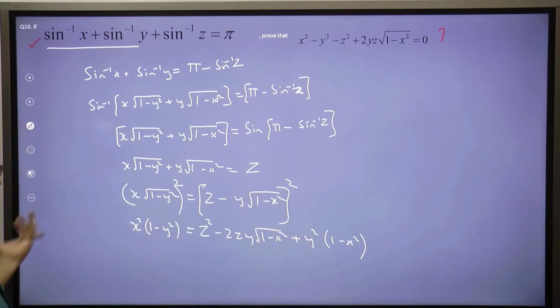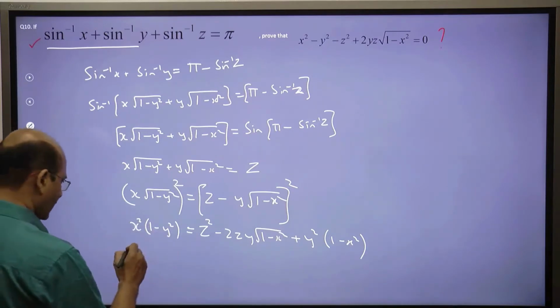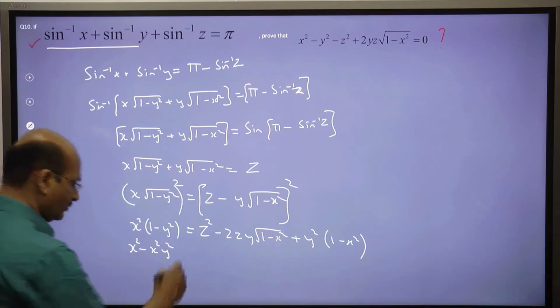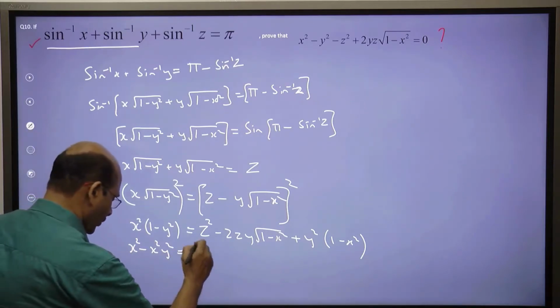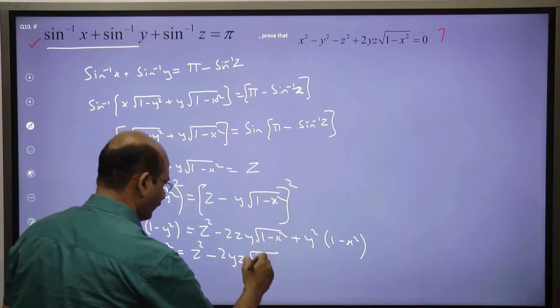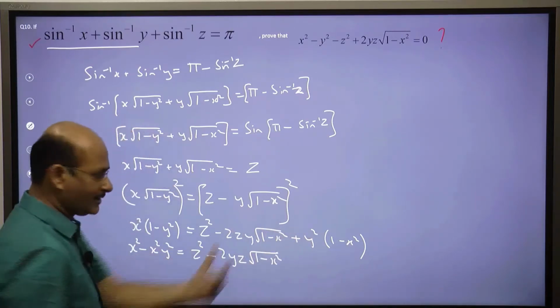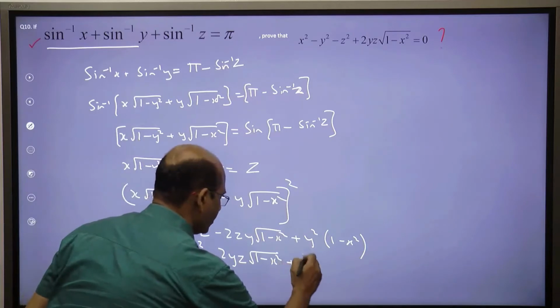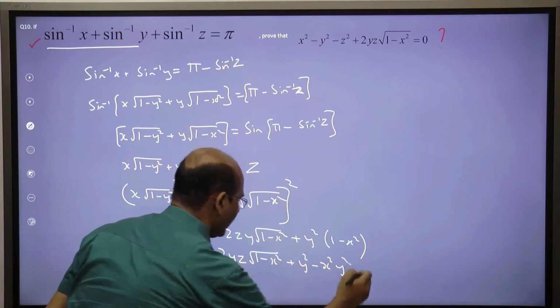Once you finish with this, I think my job is over. I can open this up. This will become x square minus x square y square is equal to z square minus 2yz root of 1 minus x square, plus y square minus x square y square.